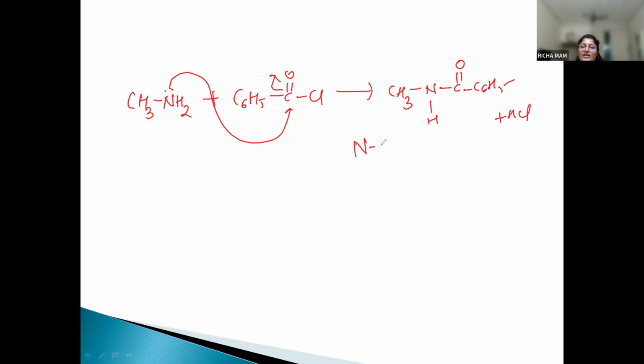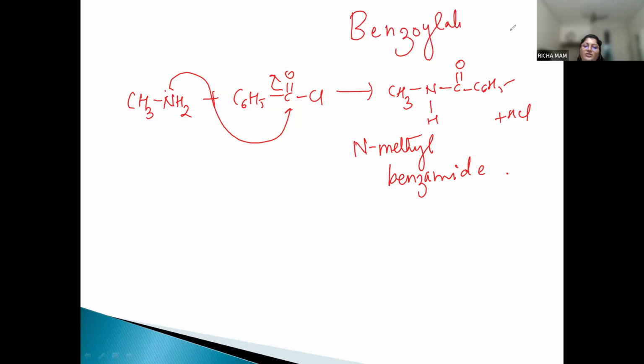So this is N-methyl benzamide. And this reaction is called benzoylation, because you are adding a benzoyl group.